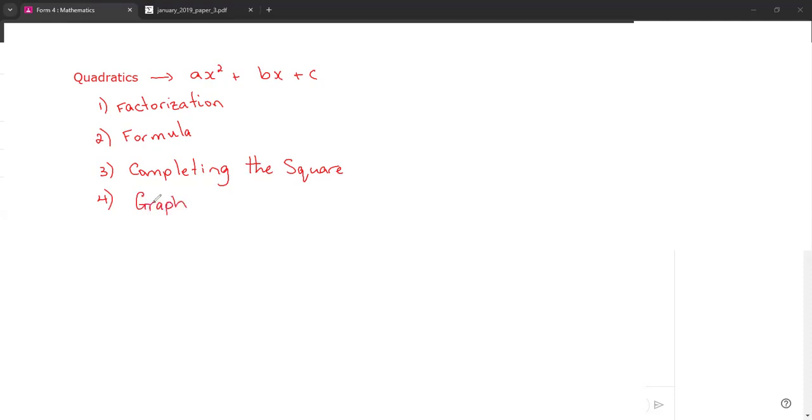So we have a number of ways that we can solve quadratics.